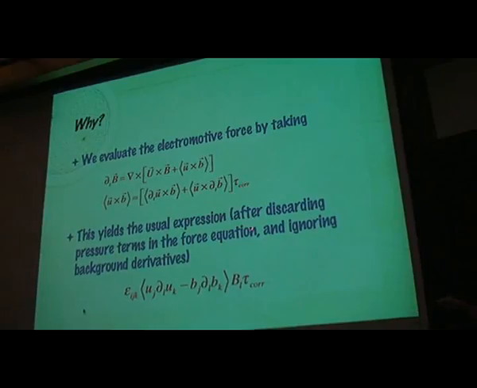And if you do this, you get the usual expression after you throw out terms which involve pressure gradients, and I'm going to throw them out also. You get something that looks like this, where this thing is what's usually been used in mean field dynamo theory, and this is something that usually hasn't.